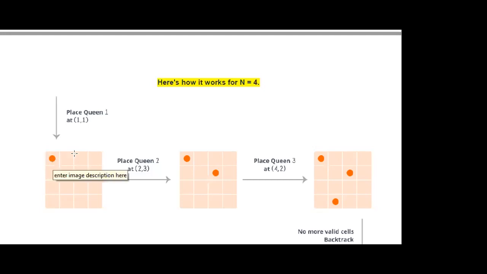After placing this queen, if we are going to place the second queen, how many choices are there? This queen will attack in this direction horizontally, this direction vertically, and this direction diagonally. So these three directions are completely blocked. We have to place the next queen instead at this one or this one.